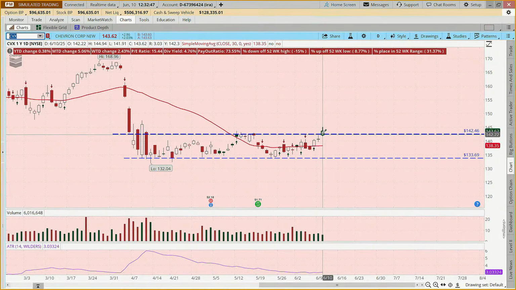And then the low today is 141.91. So I'm going to subtract 3.03 from that, and that's going to be my target exit. In other words, if things don't go according to plan, and I want out, that's the price at which I will exit.